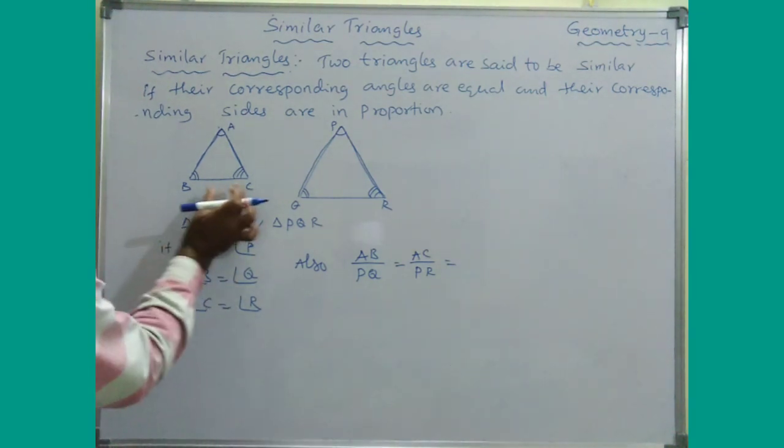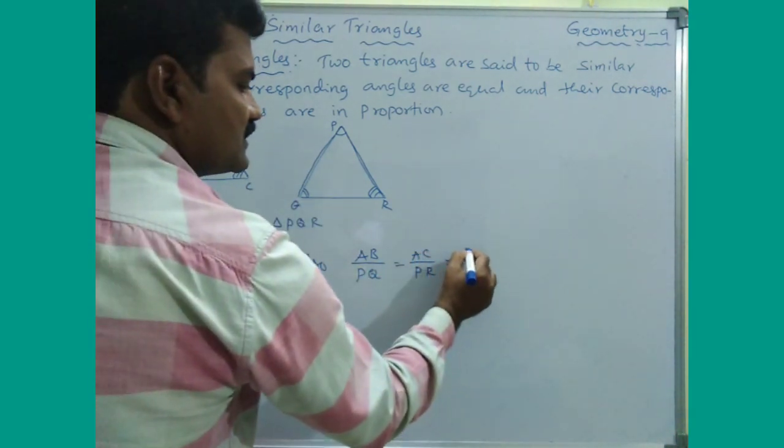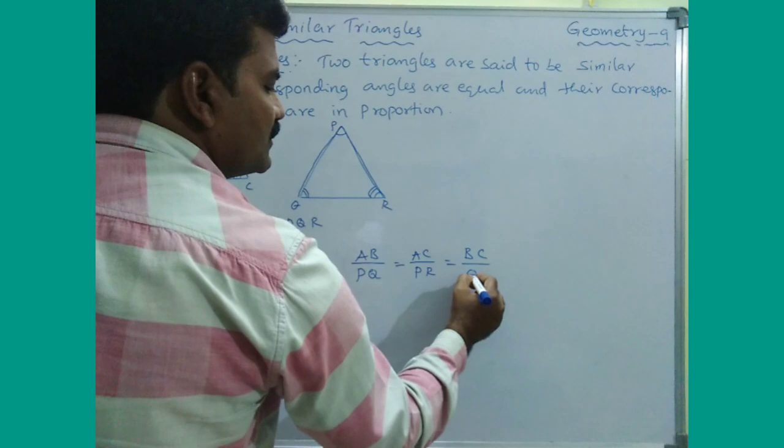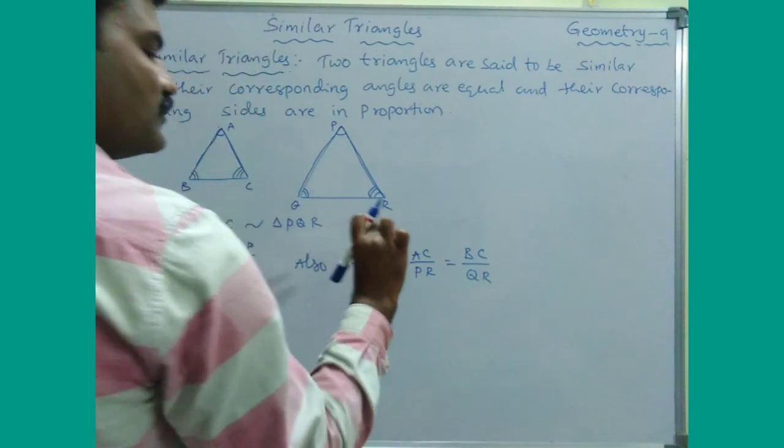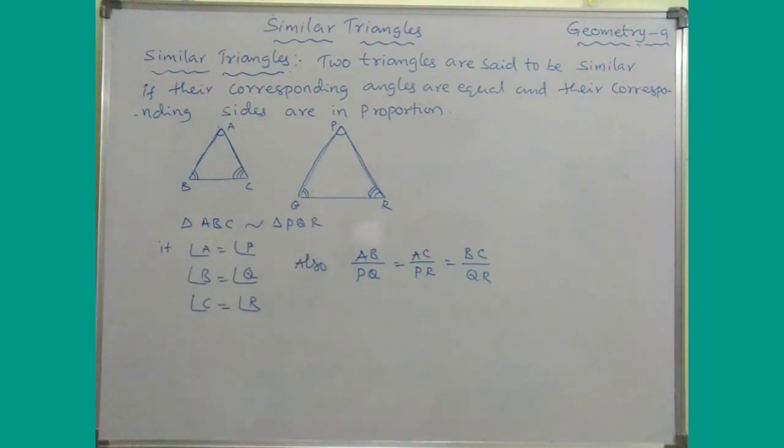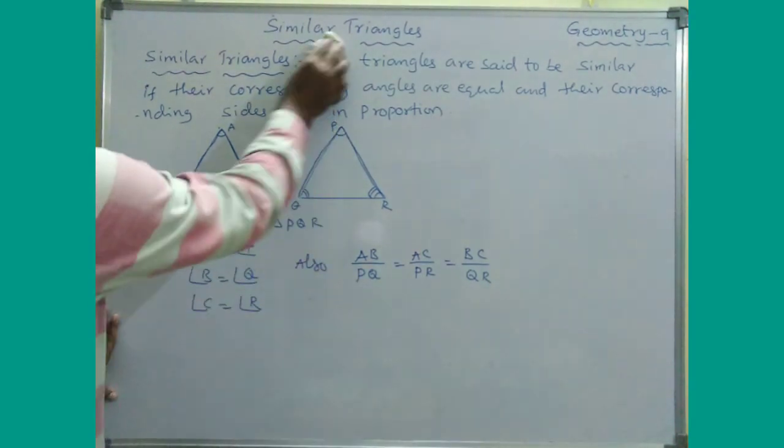And finally the third sides, BC by QR. So corresponding sides are in the same proportion. I mean in the same ratio. Okay? Fine.